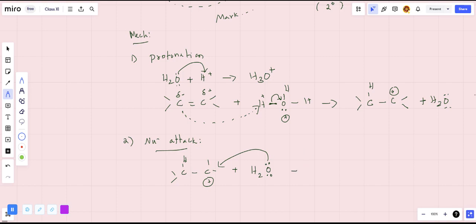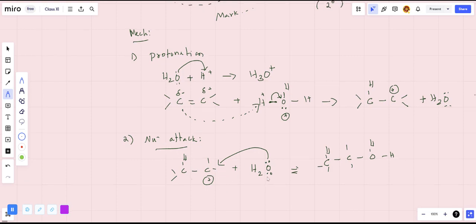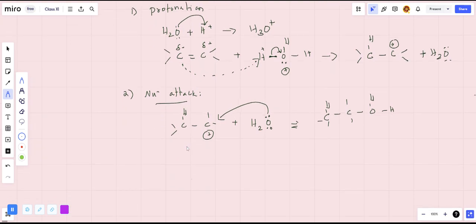You will get H, C, and then OH. So this water is added to this carbon. This is the nucleophilic attack, the second step. Again, you put a plus here.